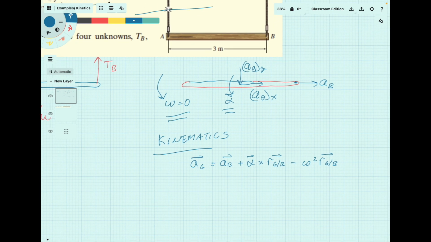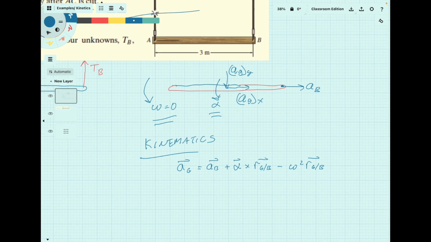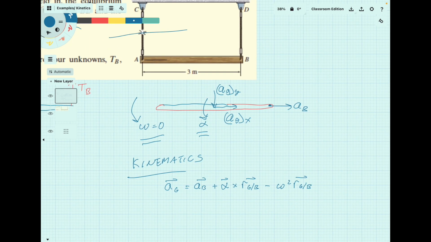Now, as far as B goes, let me just come back up here. I've drawn its acceleration in the x direction. We've seen a number of times things rotating about a fixed point, which you can think of BD as, that they're going to have a normal acceleration.